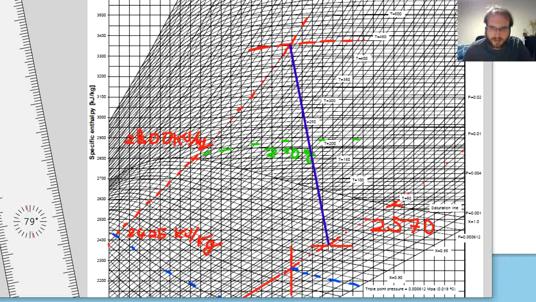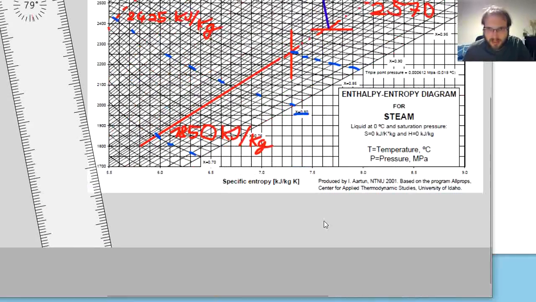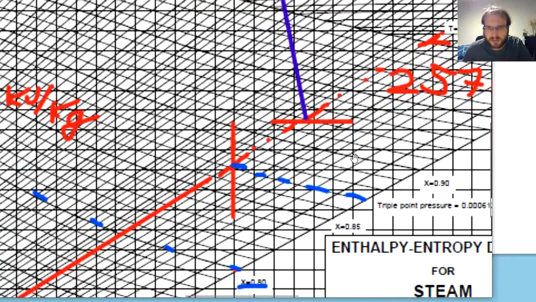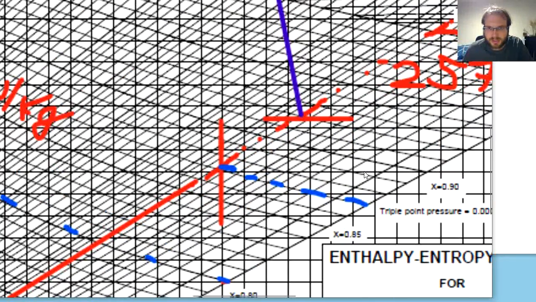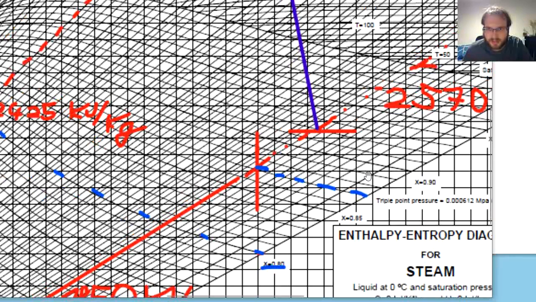Now we can also see that we are still in the wet steam area, and we can check the new value of the steam quality. Here we have a steam quality of 90%, and this is approximately, this is 91, this should be approximately 92%.